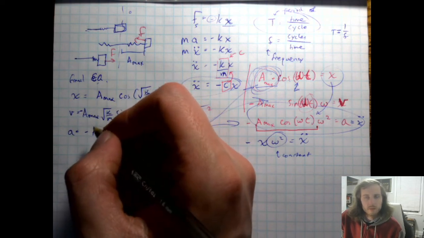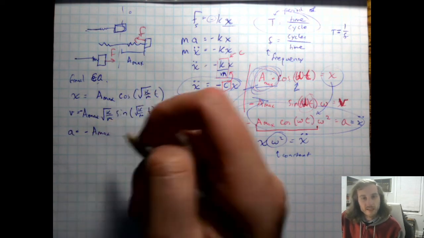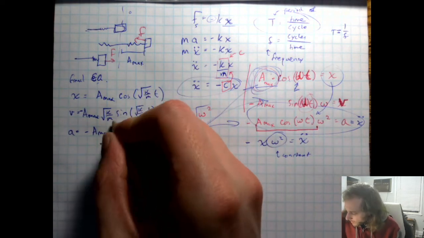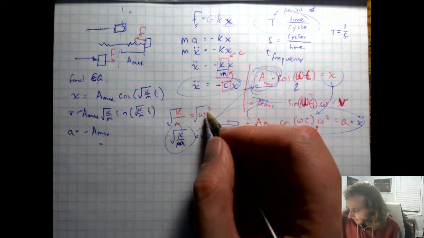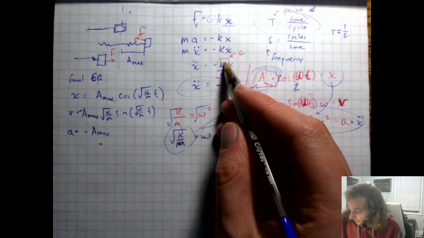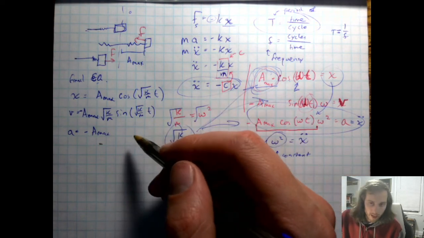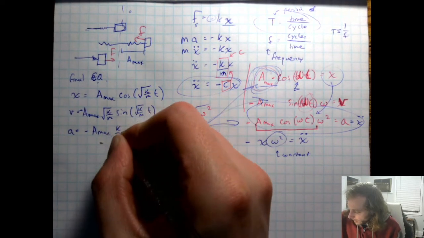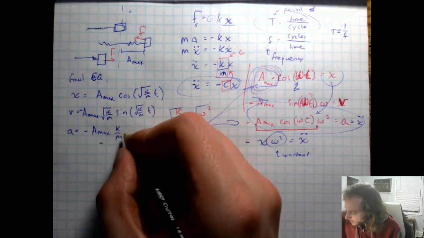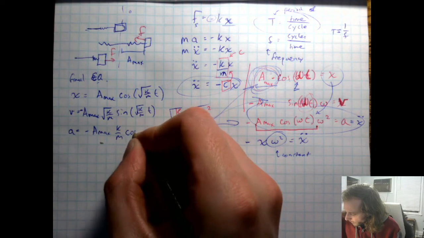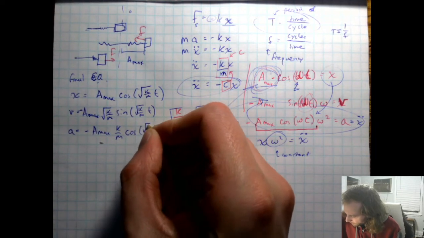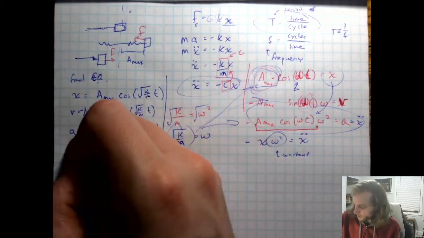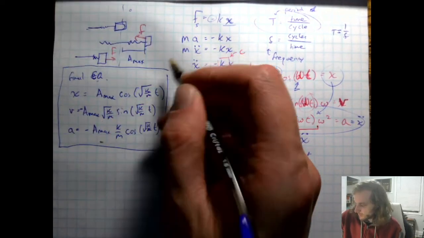I don't know why I chose a max, I guess just to stress that the vocab word is amplitude, times our omega squared, which is just root k over m times root k over m, so k over m. So k over m winds up being our thing that's in front of our brand new cosine function. And these are sort of our final three equations.